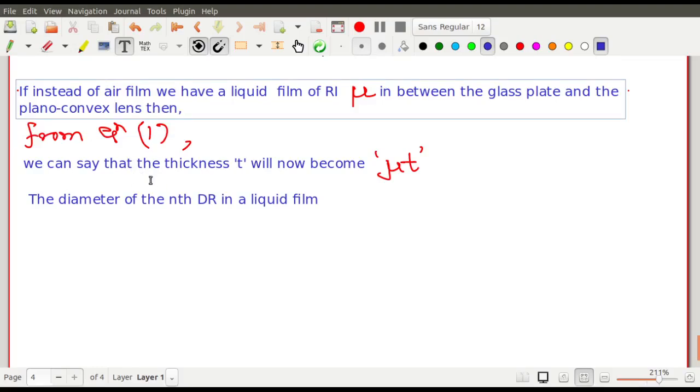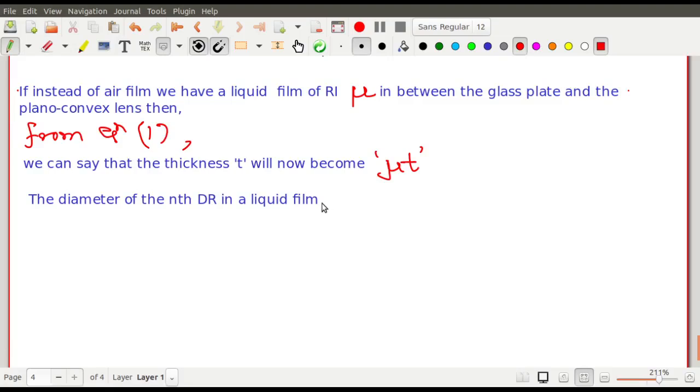Then from equation 1, the thickness will now become mu T.